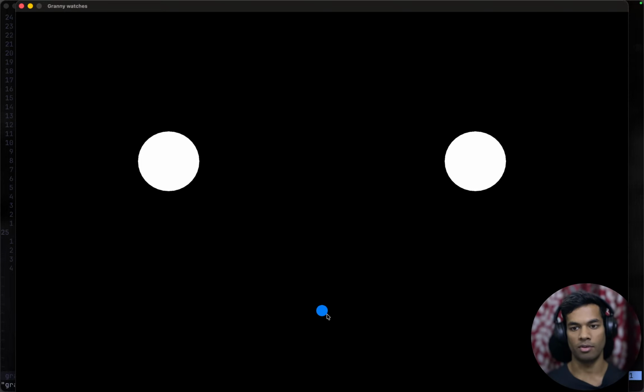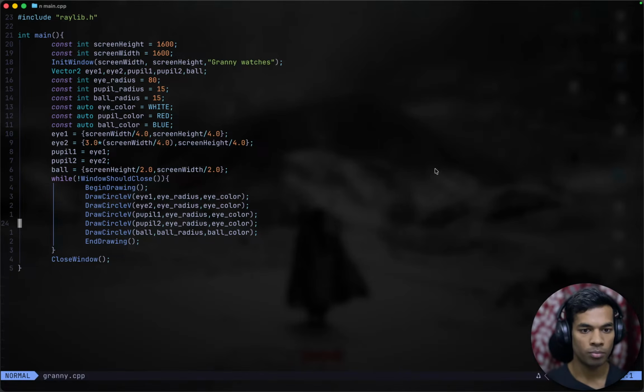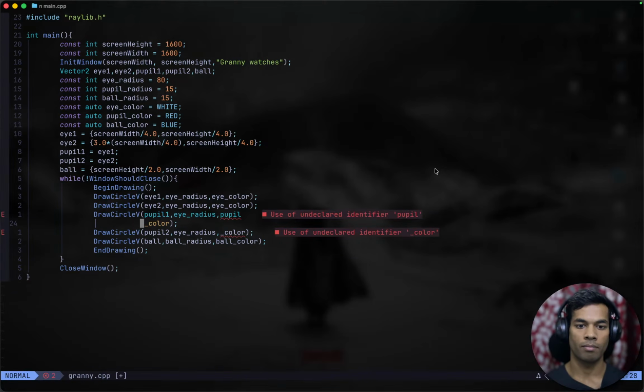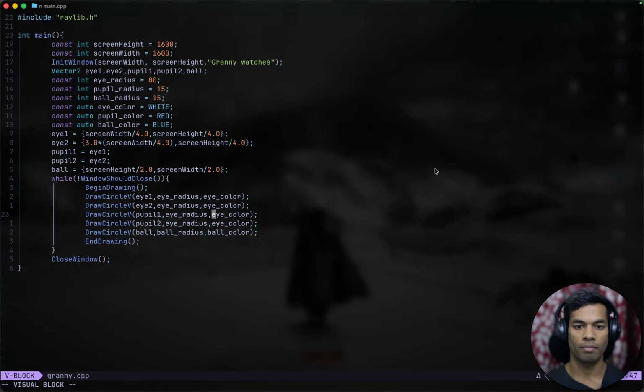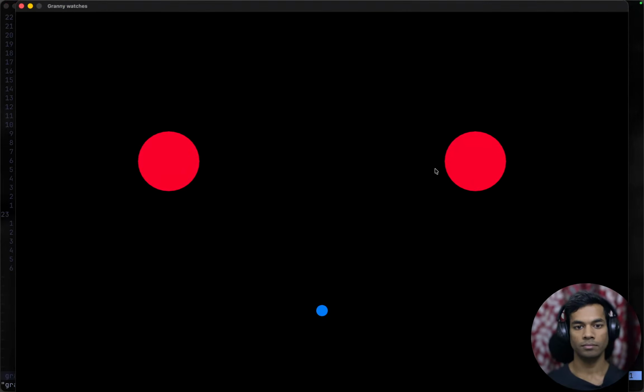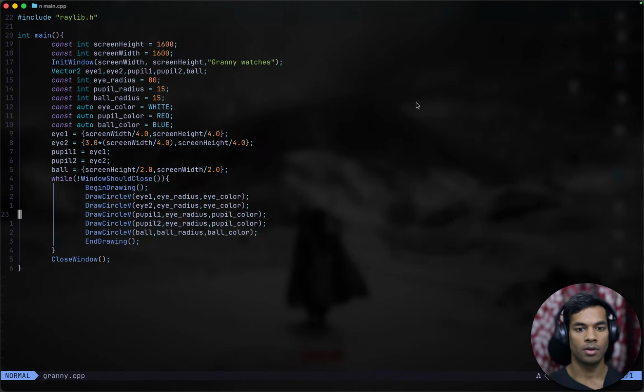Okay, we do have the ball in the middle, but we don't have the pupils. We are drawing pupils with the eye color, which is wrong. That is also wrong because the radius is also eye radius.